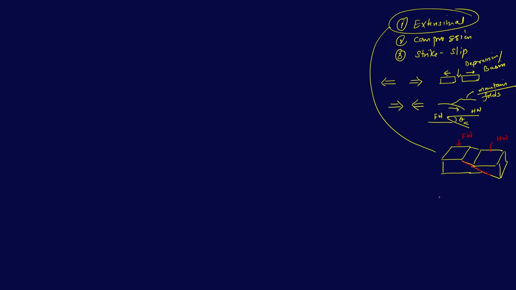And in reverse faulting, the block has moved up. So, for example, if you have this, then this block has moved up with respect to the other. The block which moves will be your hanging wall.